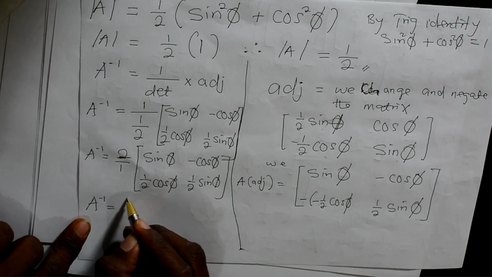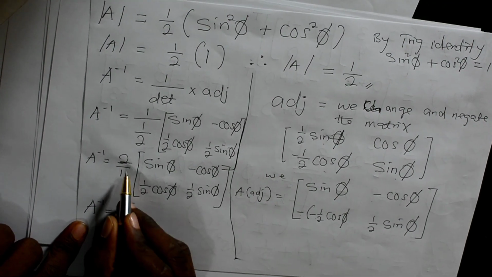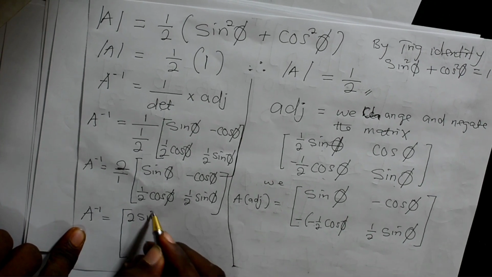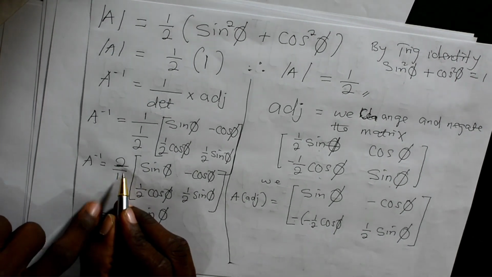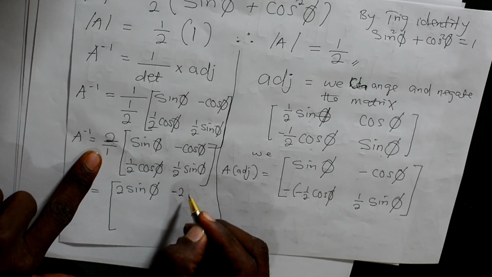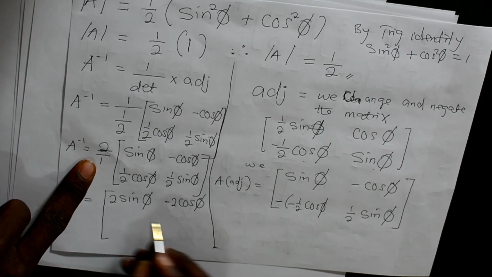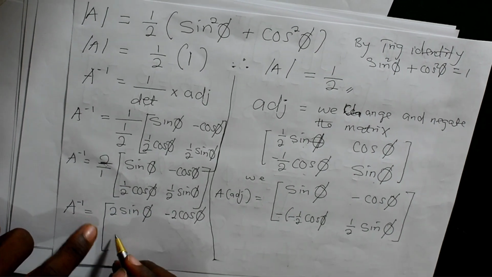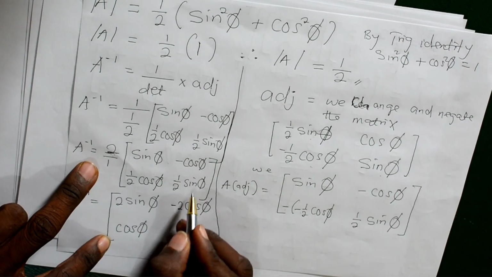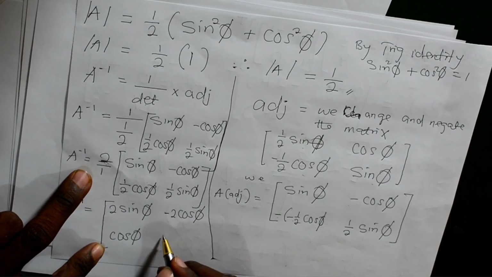A inverse will be equal to 2 times sin psi will be 2 sin psi. 2 times minus cos psi will be minus 2 cos psi. 2 times this will be cos psi, and 2 times this will be sin psi.